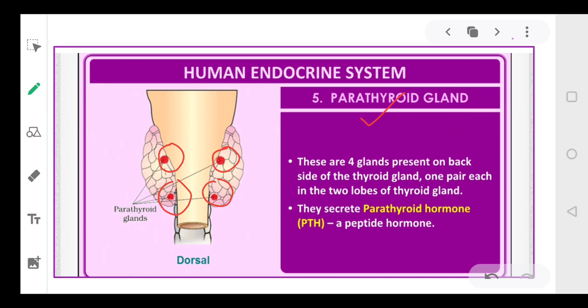As I told you, these 4 glands are present on the back side of the thyroid gland, 1 pair on either side, and this gland produces a hormone called PTH, that is parathyroid hormone.